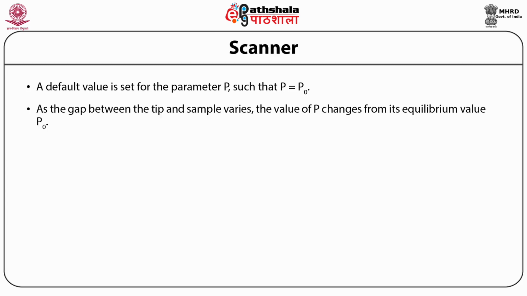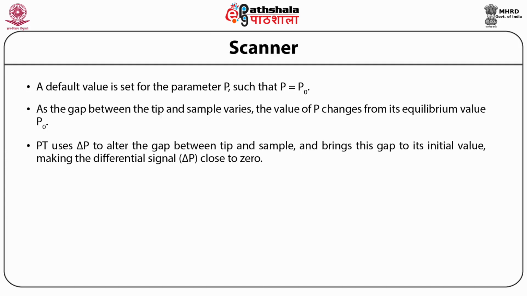PT in turn controls the gap between tip and sample. PT uses delta P to alter the gap between tip and sample, and it brings this gap to its initial value, making the differential signal delta P close to 0.